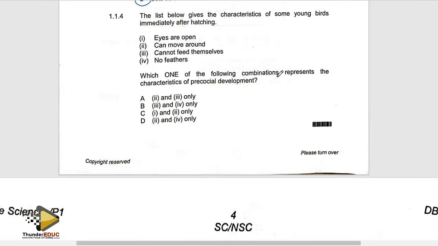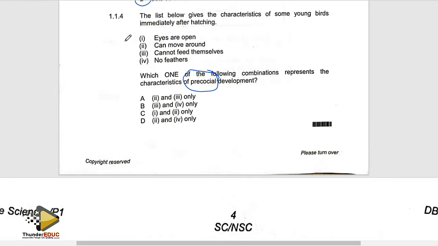Which one of the following combinations represents the characteristics of precocial birds? When you talk about precocial, we are talking about when the bird is born prepared. It means that it can walk, it can feed itself, it has all the features which can make this bird live in the environment. Because it's born prepared, the eyes must be able to see.